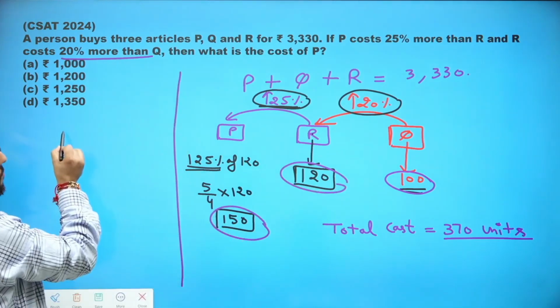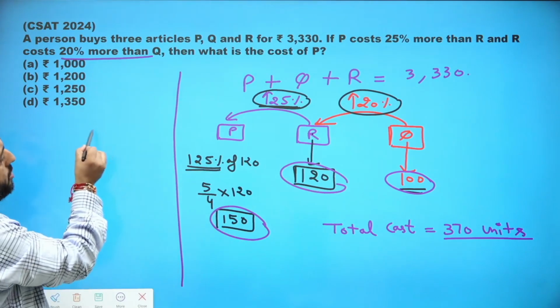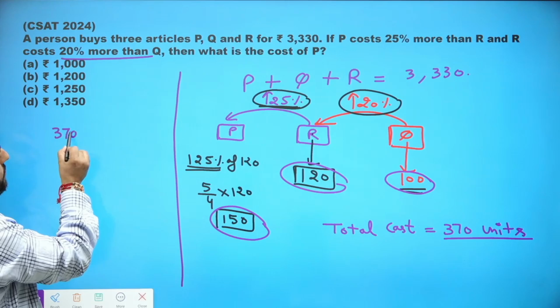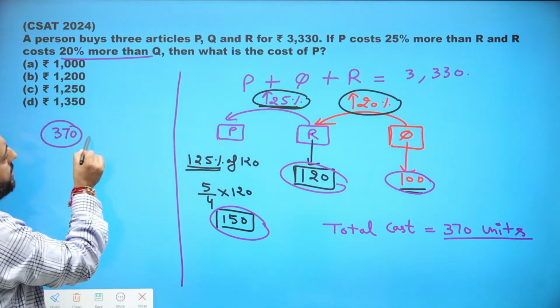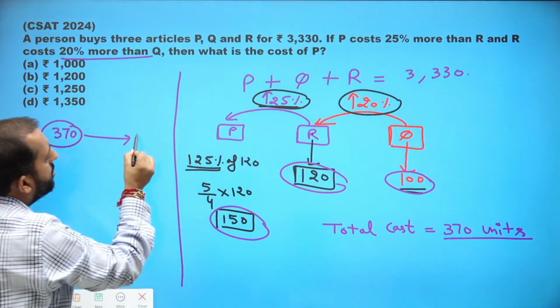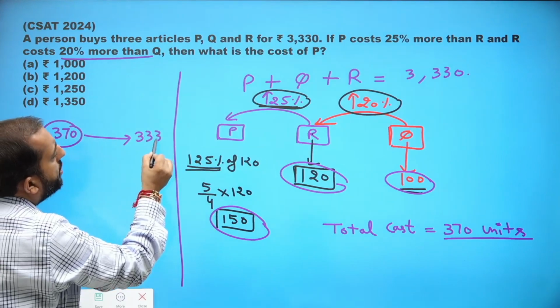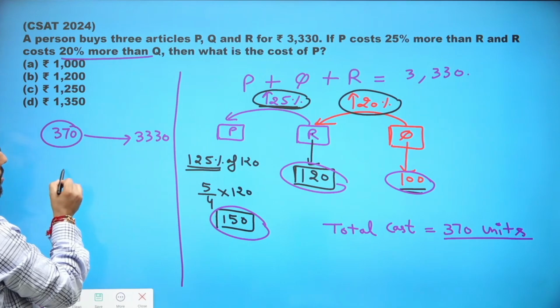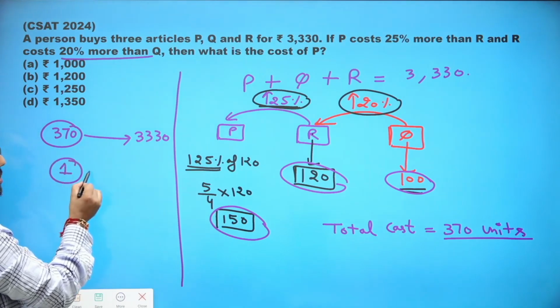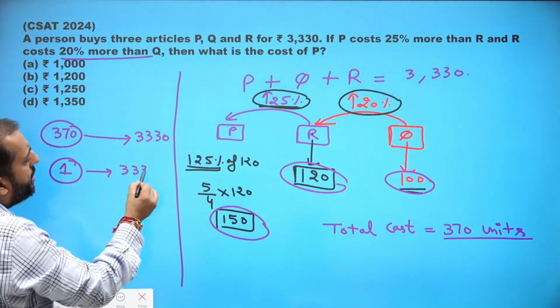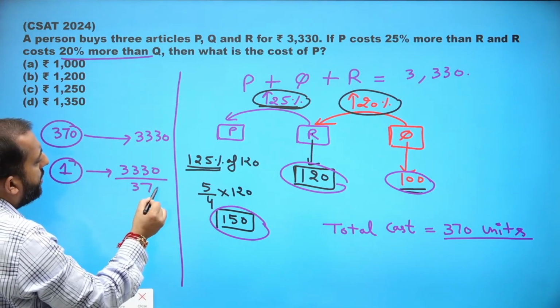In terms of assumption, total cost is 370 units, and in reality, total cost is 3330. So 1 unit from the assumption will correspond to 3330 upon 370.